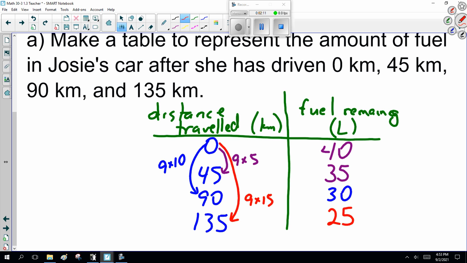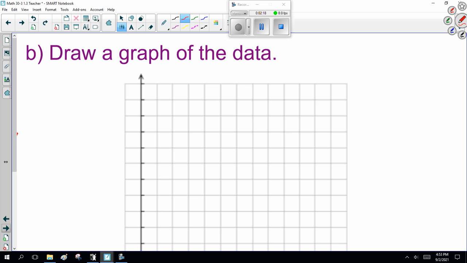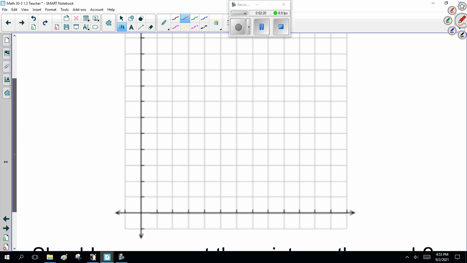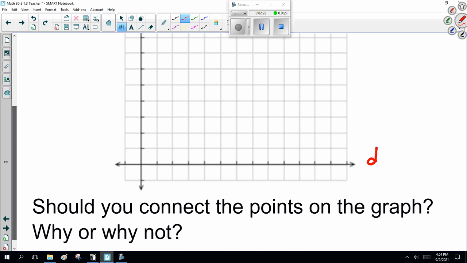We get the plot. Okay? So quickly looking at this, we have the distance, in kilometers. Now, we have to go 15, 30, 60, 90, 120, 150.